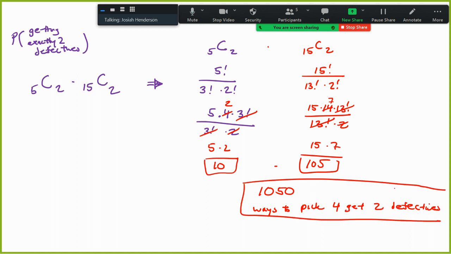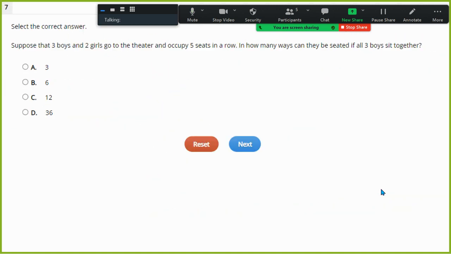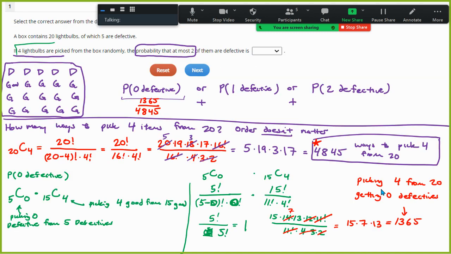Okay, so now this 3-part problem, we finally found all the parts. So we got 1365 out of 4845. Then for finding one defective, we got 2275, and that's again over 4845. The 4845, remember, is the total ways to pick 4 from 20. And then the last part we got was 1050 over 4845. Add those up, divide, and finally we get our answer.